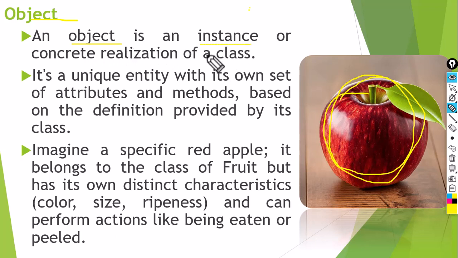An object is like an instance or a concrete realization of a class. It's a unique entity with its own set of attributes and methods based on the definition provided by its class. A specific red apple, which is here, belongs to the class of fruit but has its own distinct characteristics like color, size, and ripeness.